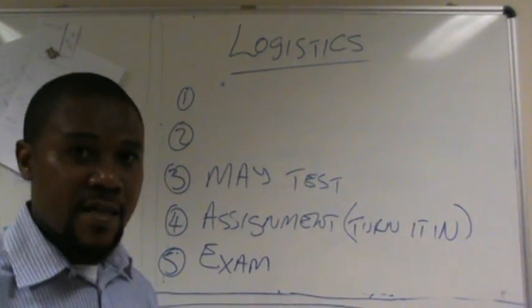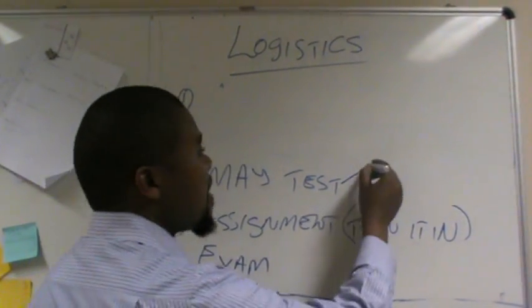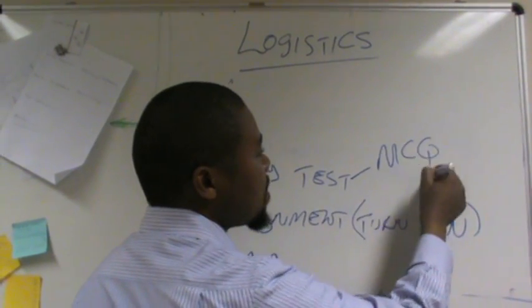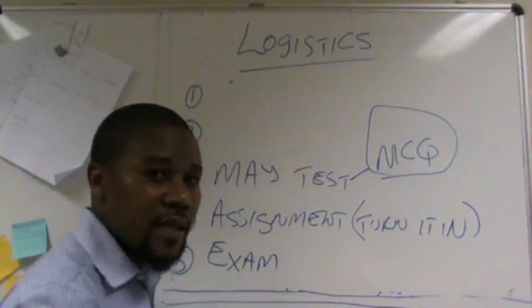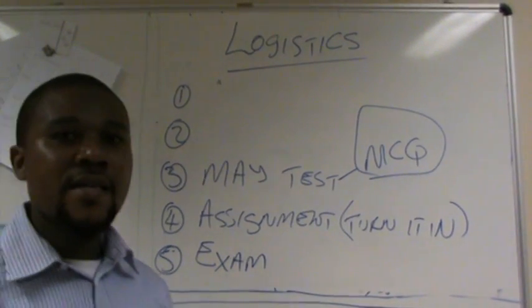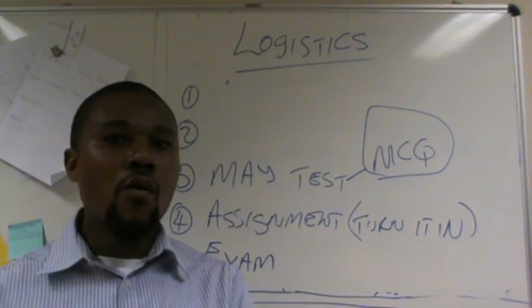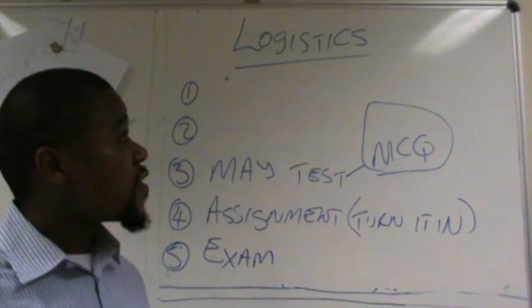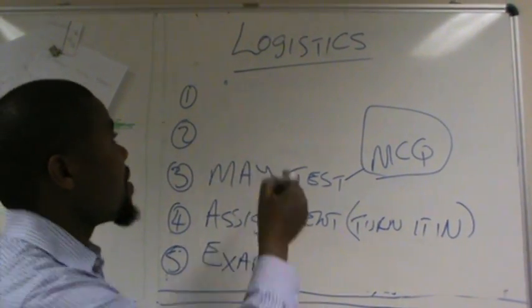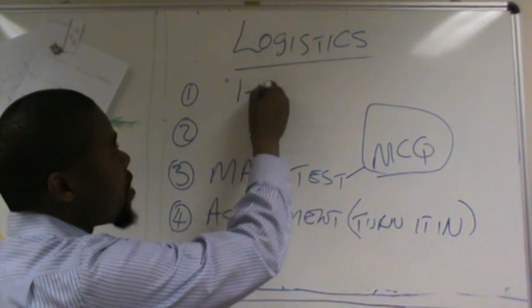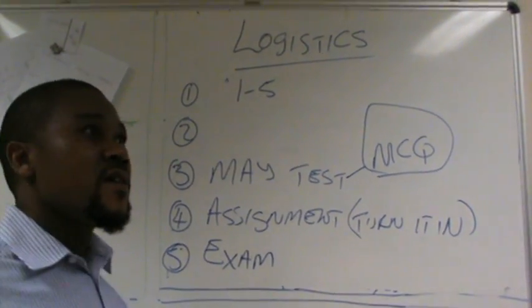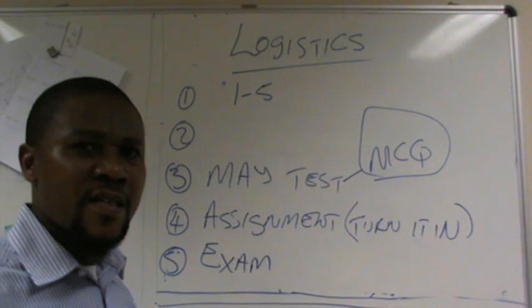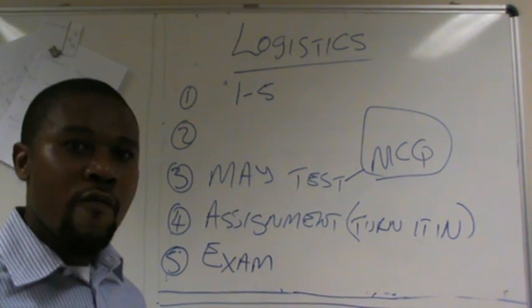The May test. The May test is MCQ only. It is only MCQ based, and it covers the whole syllabus. It covers the whole syllabus. So all the chapters that have been prescribed: chapter 1 to chapter 5, I think then chapter 12 and 13. Please go through your overview later.